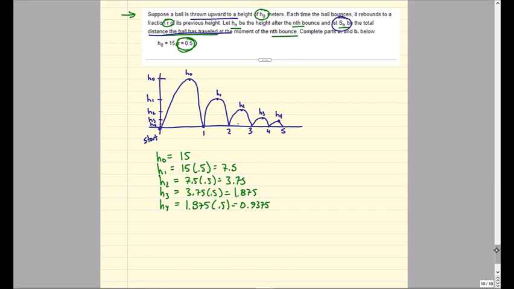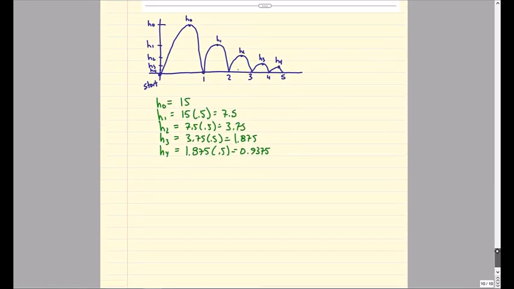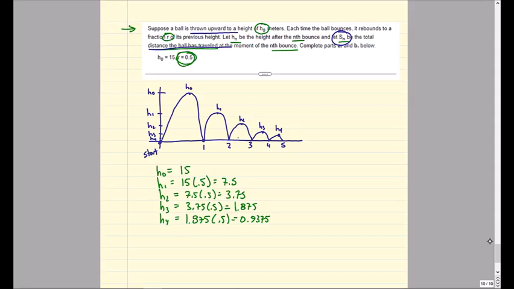Now this one's pretty neat. We're going to have to think a little bit harder. We can't just arbitrarily start adding these together, because we're given some very specific definitions. So S sub n, we'll start with S sub 1 here, would be the total distance traveled at the moment of the nth bounce. So this would be total distance traveled at the first bounce.